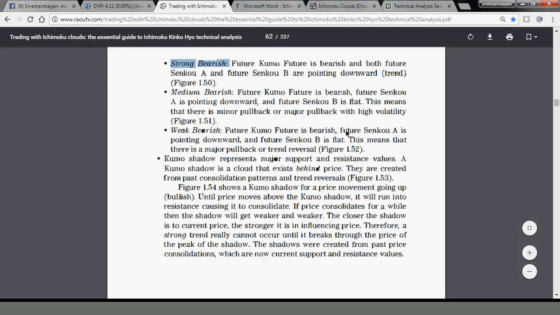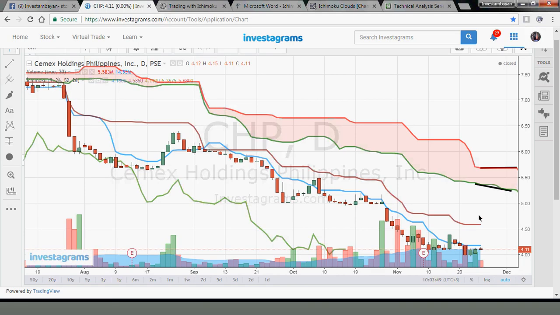Kasi sabi niya, single span A is pointing downward and future single span B is flat. Medium pala, pareho lang naman to. So basically, for this type, possible bounce na to. So you can do the bounce play on that.